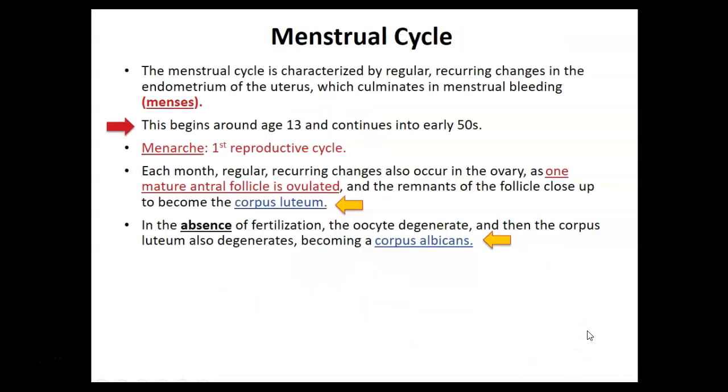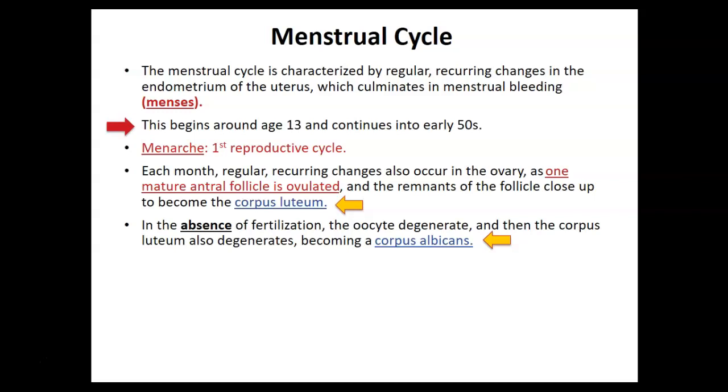All right, so let's talk specifically about the menstrual cycle. The menstrual cycle is referred to as menses. Menarche is not menses. Menarche simply is the very first reproductive cycle, or the very first menstrual period a woman will have. After that, it just becomes monthly menses. Typically menses are going to initiate around the age of 13. This age is actually dropping.